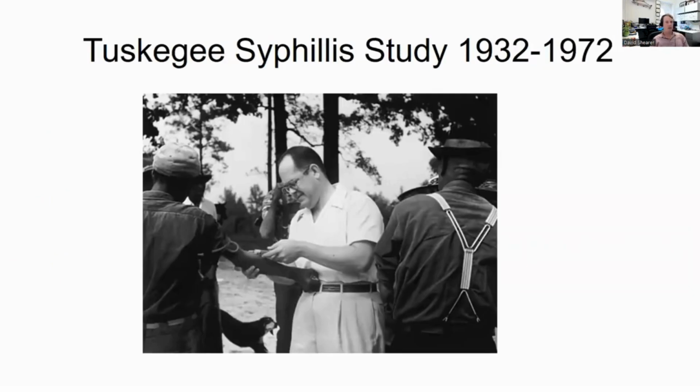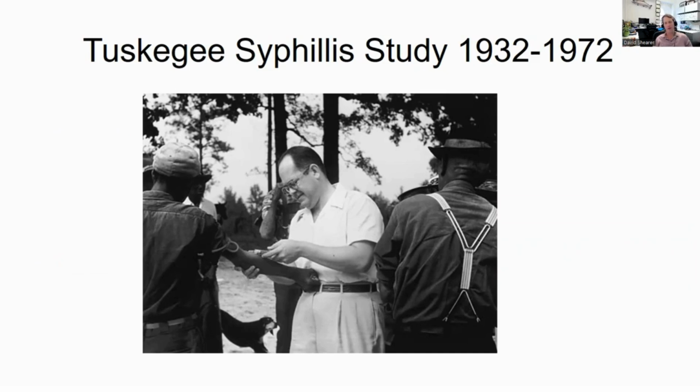So now we're going to switch gears a little bit and talk about research ethics. Some may have read about this, others may not: the Tuskegee syphilis study. This is one of the darkest examples from U.S. history, and arguably research ethics as well.